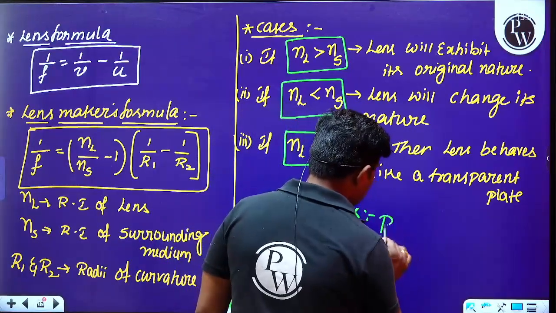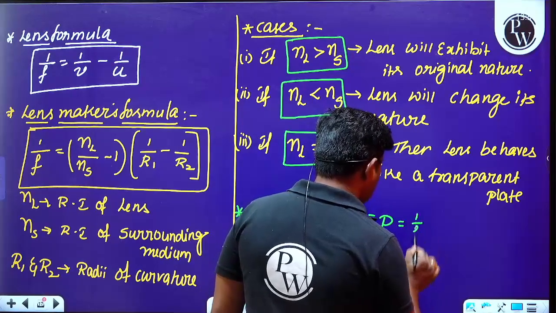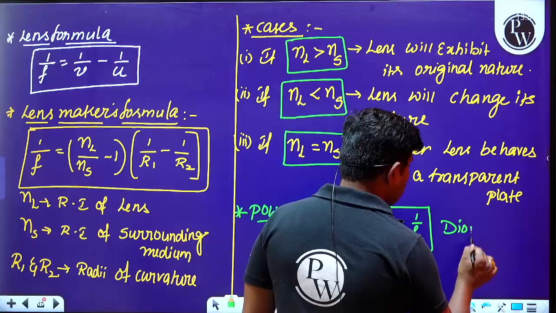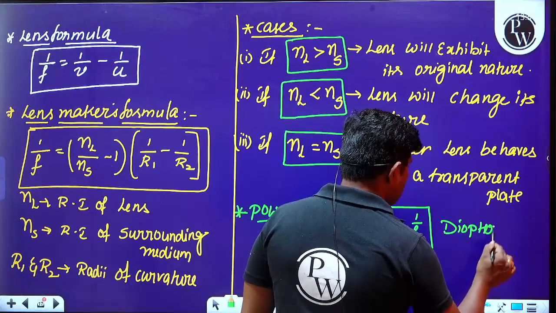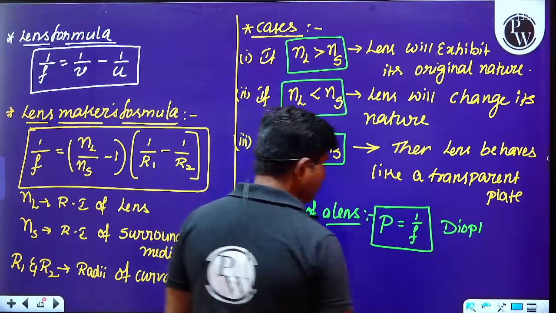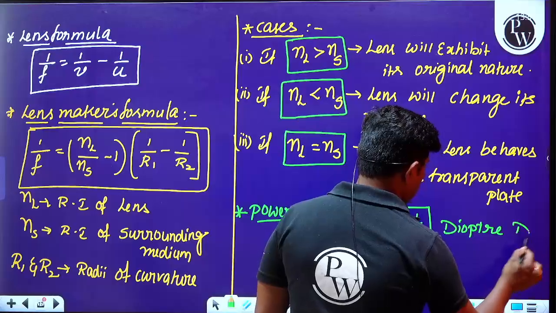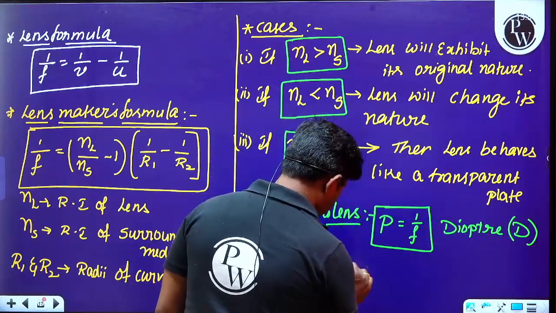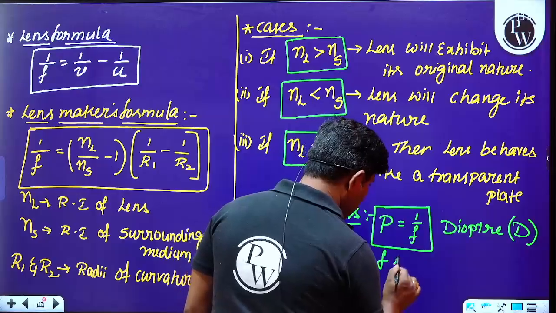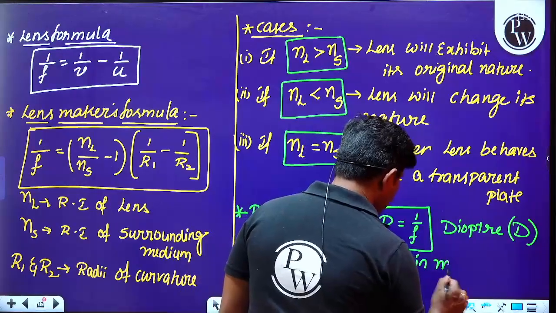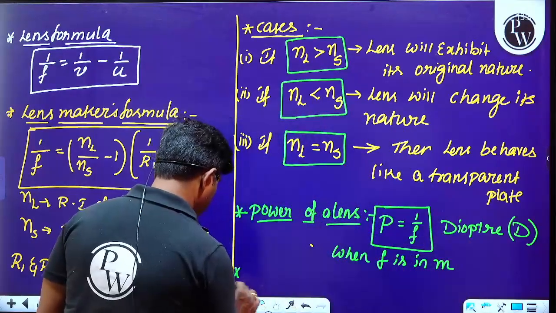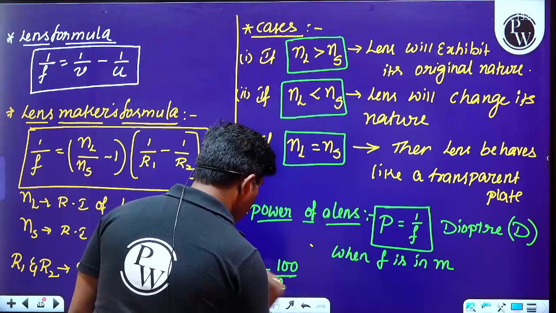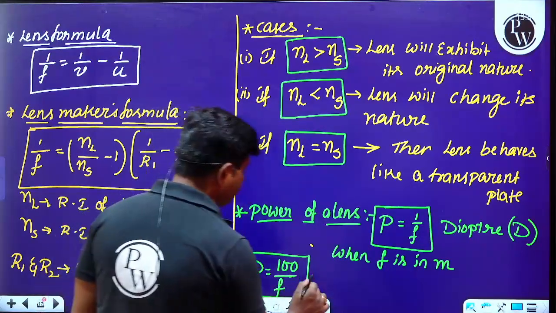Observe this: power P is equal to 1 by F. The unit of power is the diopter, denoted by capital letter D. We use this formula when the focal length is in meters. Or we can say power is equal to 100 by F diopters.